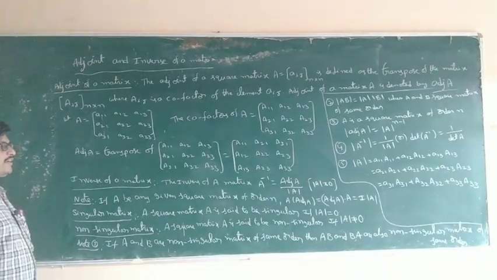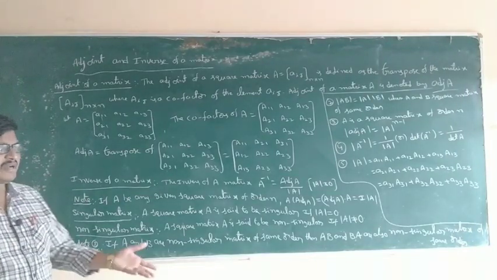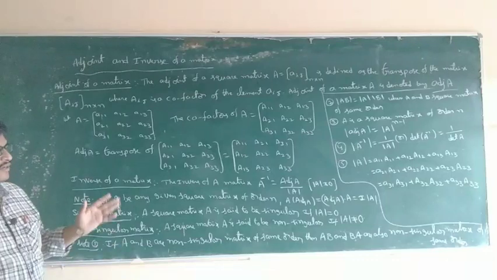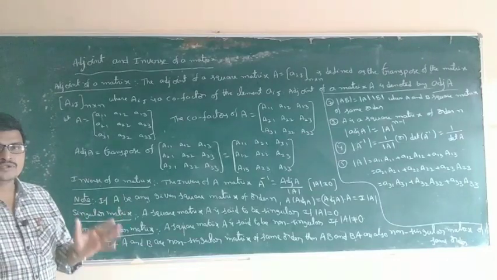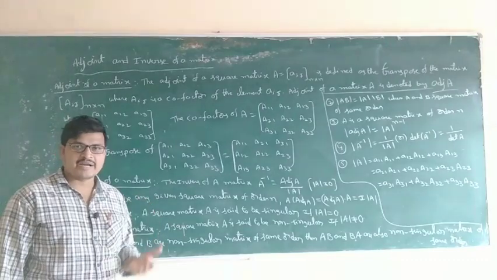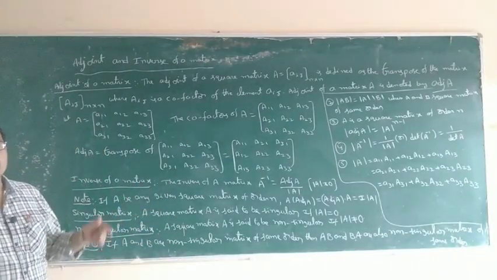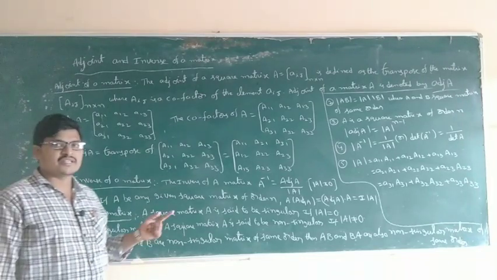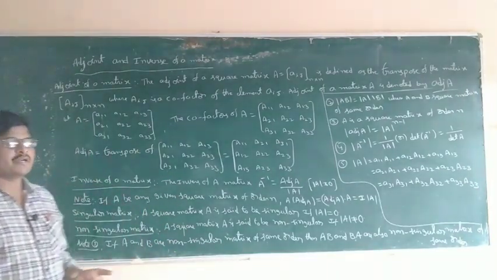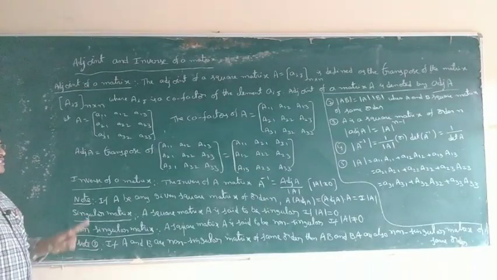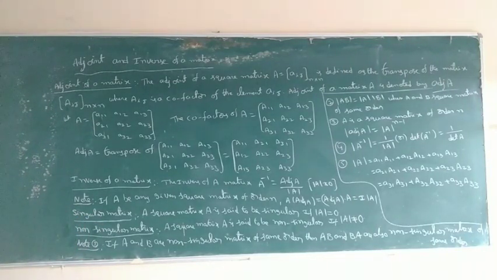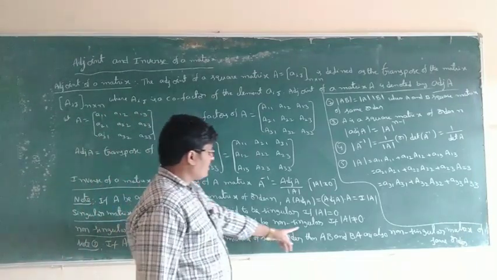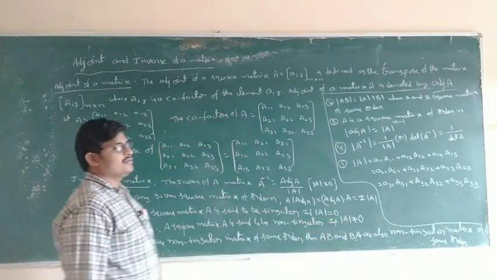For a given matrix we first find the determinant of A. If the value is 0, the given matrix is a singular matrix. Determinant of A not equal to 0 means non-singular matrix. So some important result: a square matrix A is said to be non-singular if the determinant of A is not equal to 0.